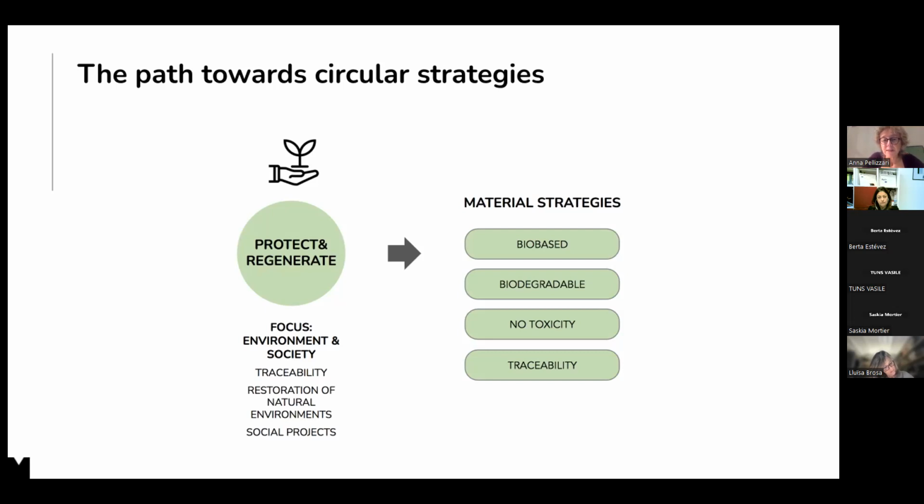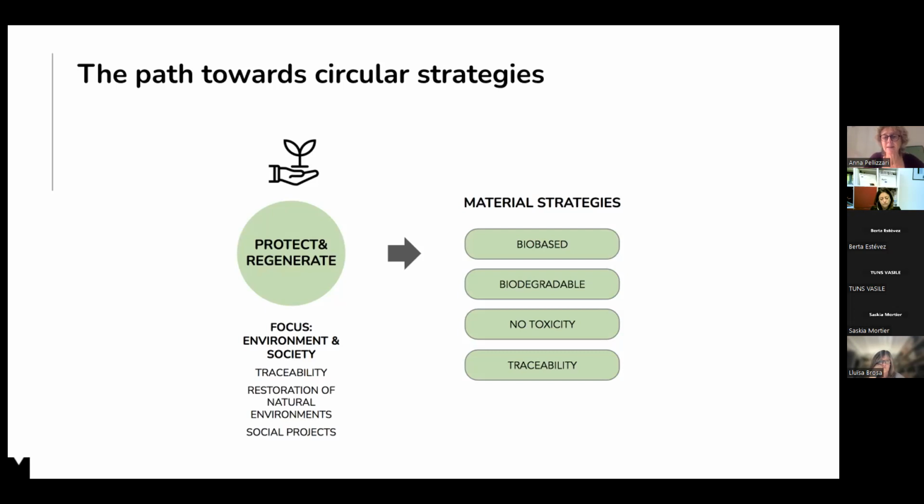Much more interesting is no toxicity, so the removal of certain chemical components. This again is strictly regulated, but there are a lot of chemicals that are still under discussion, and some companies decided to remove those chemical components and to go for alternatives, even before expecting some regulations to come into place.